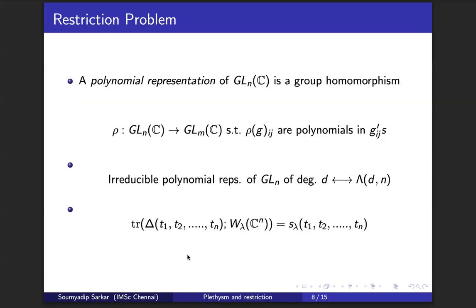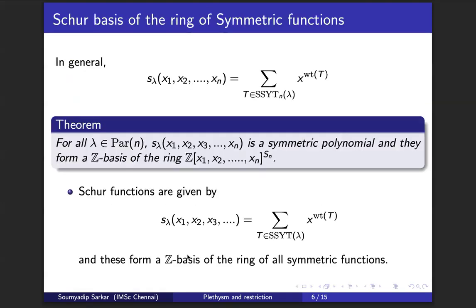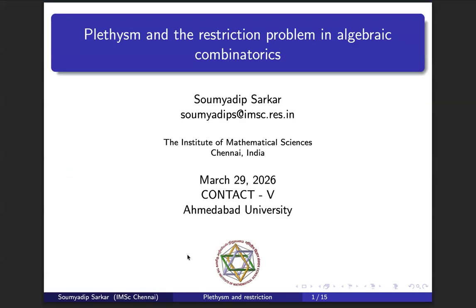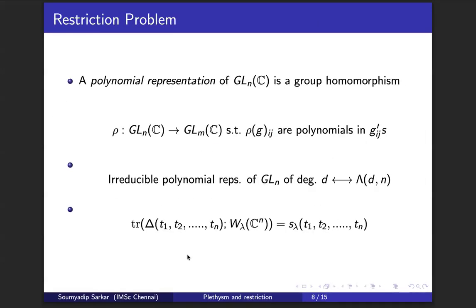Okay, so this is plethysm. Now why is this relevant to our restriction problem? We are interested in the polynomial representations of GLn(C). A polynomial representation is a group homomorphism from GLn(C) to some GLm(C), where your matrix coefficients are polynomial functions in the entries of g.